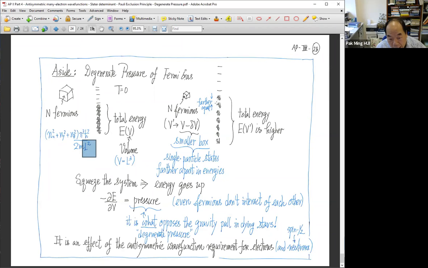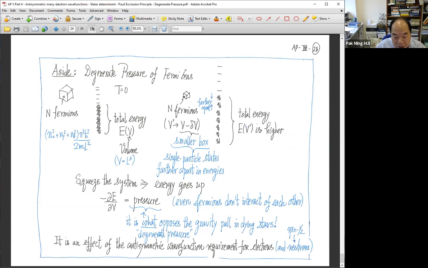So here I draw this spacing being bigger than this side because the box is smaller. But you have the same number of fermions, therefore you fill it in. Energy-wise, you will get a higher energy because the single particle states become spread farther, okay?